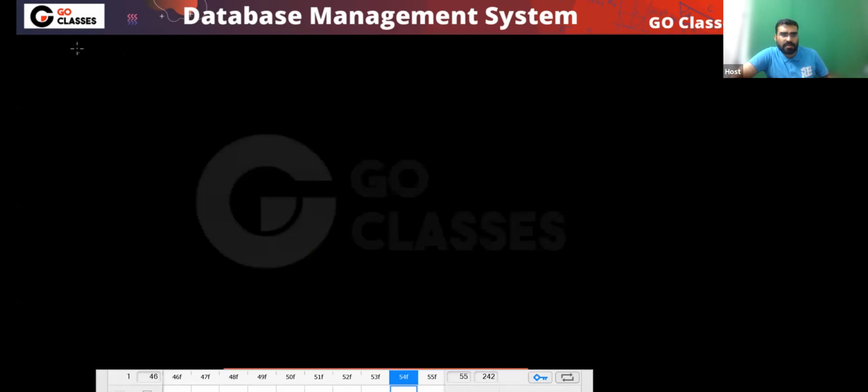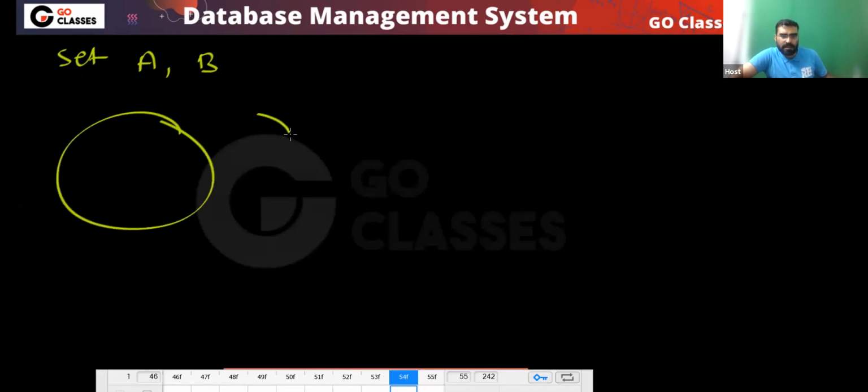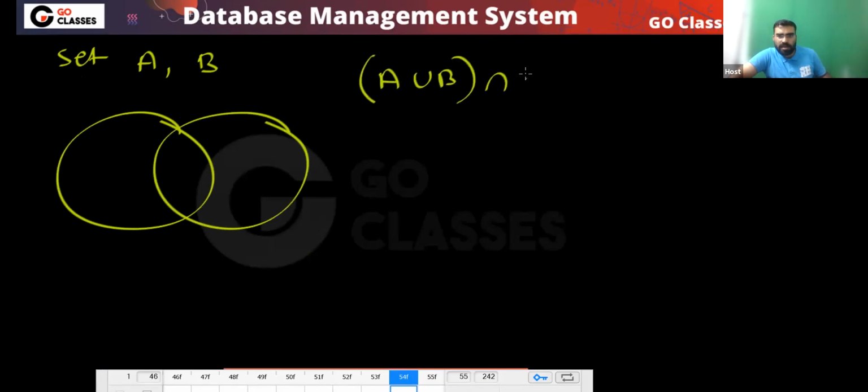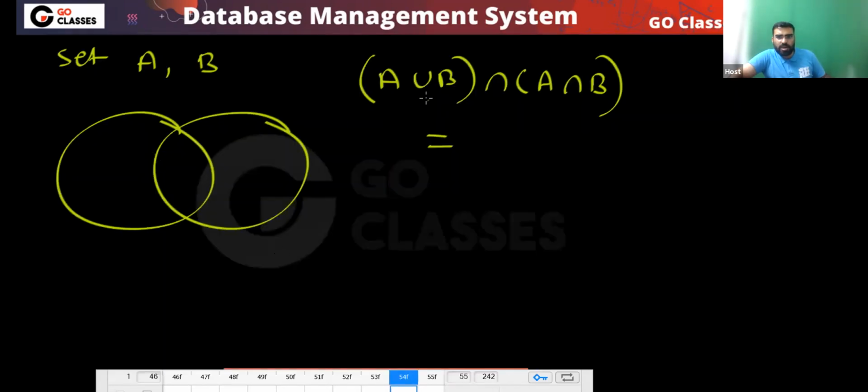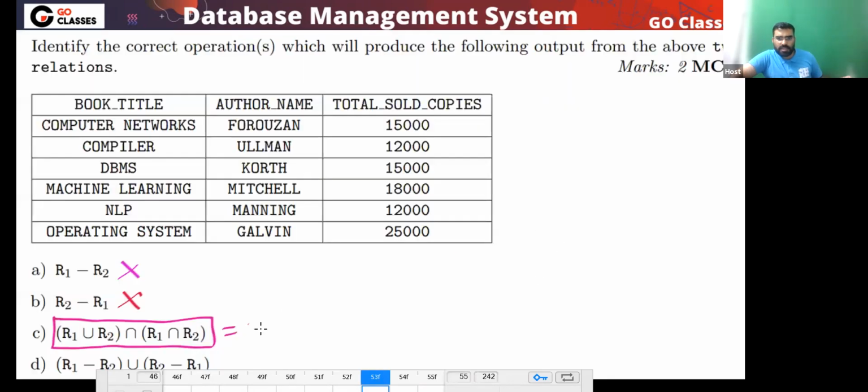If you have sets A, B, then what can you say about this? A union B, intersection A intersection B. This is equal to what? You can notice A union B intersection A intersection B is the same as A intersection B. This is the common part. So here also you can notice that this is the same as R1 intersection R2.